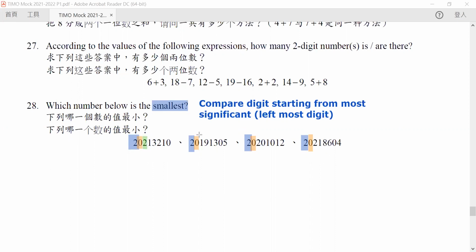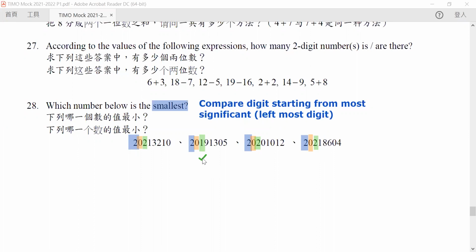And then we compare our next digit, which is 2, 1, 2, and 2. Now in here, we know which one is smallest, because all of these are 2, but only this one is 1.